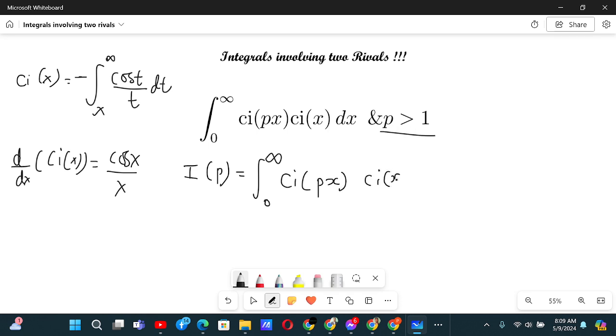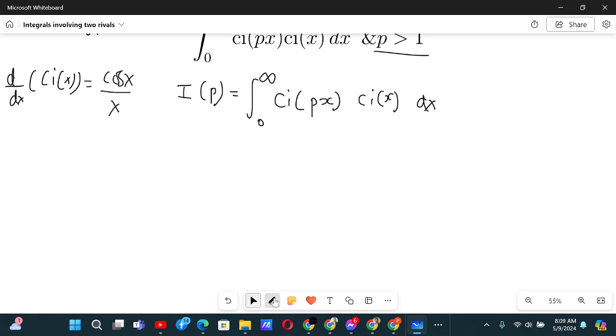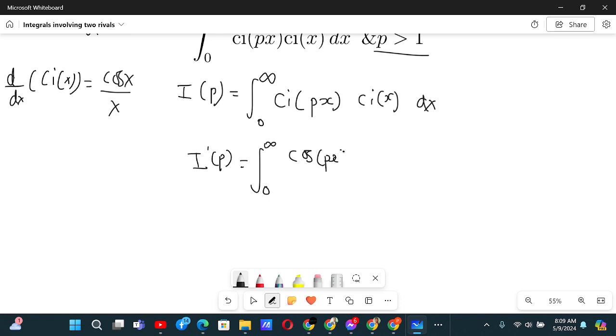Now if I differentiate with respect to p, I dash of p will be the integral from 0 to infinity, where the derivative of Ci is cos px by px, since we are differentiating with respect to p and x is constant, times Ci of x dx.